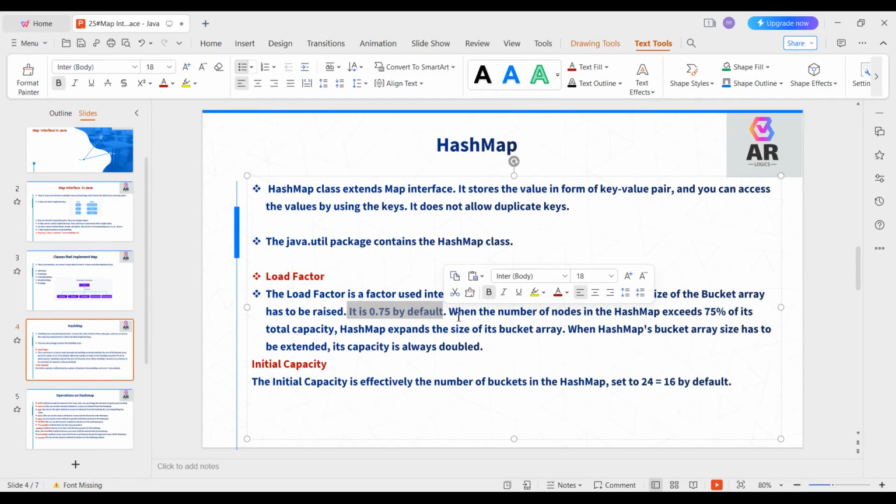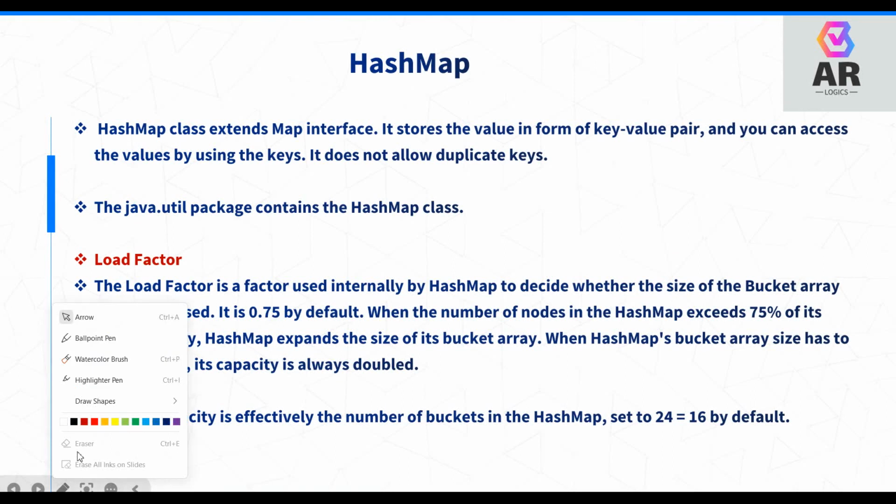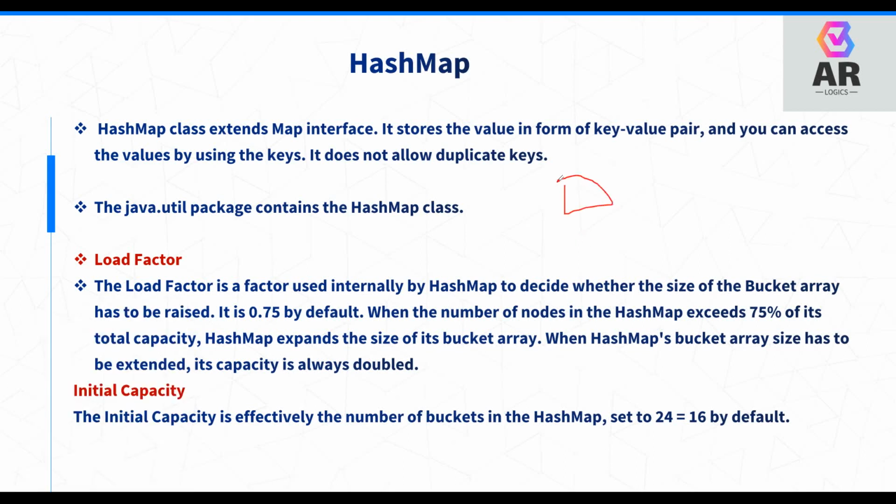When the number of nodes in the hash map, this is one node, this is one node, exceeds the threshold, the hash map extends the size of the bucket array.